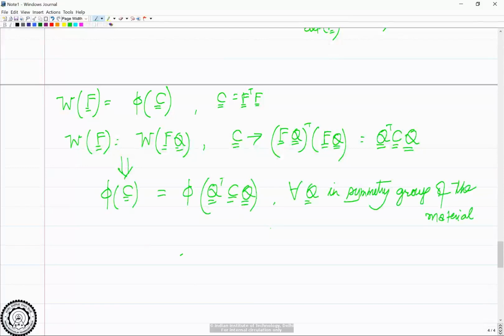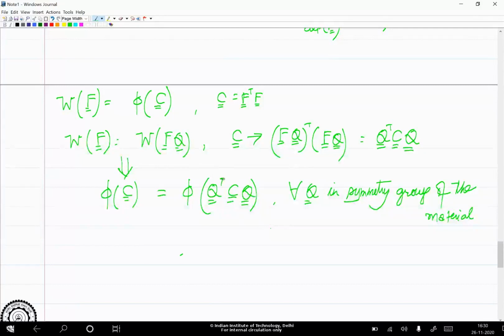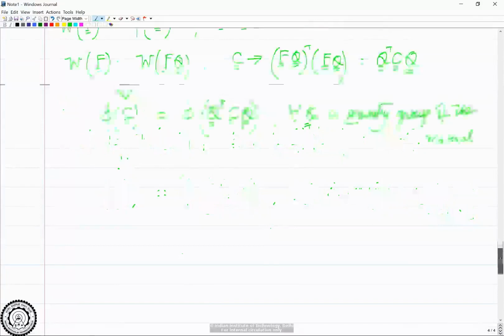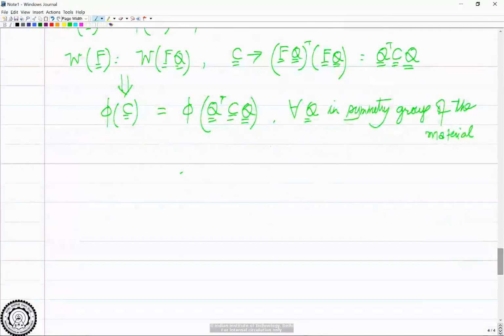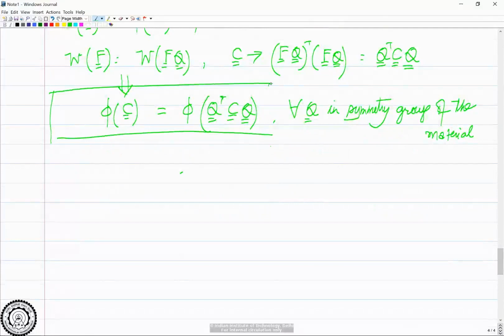And this is the statement on energy. You are getting more and more restrictions on the forms of energy. So energy cannot be anything. It must satisfy this property if Q is in the symmetry group.